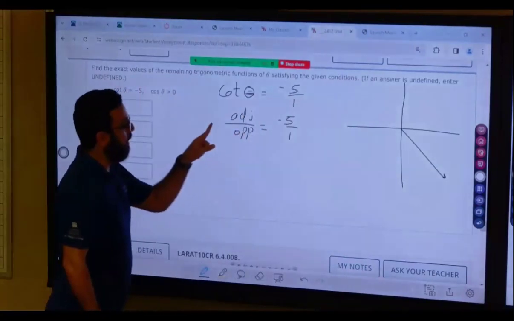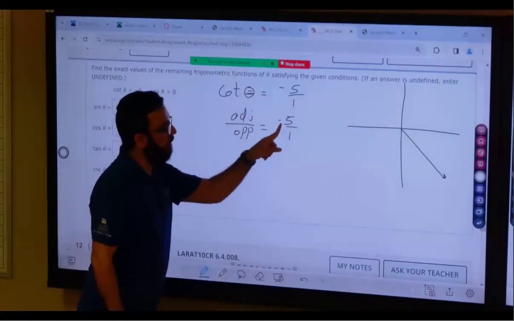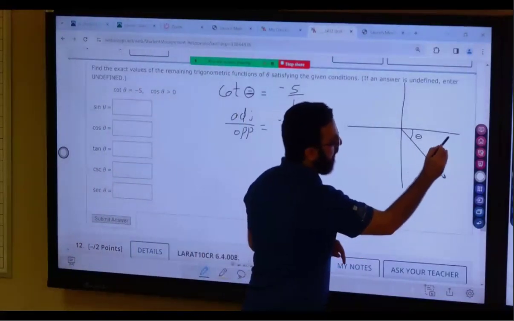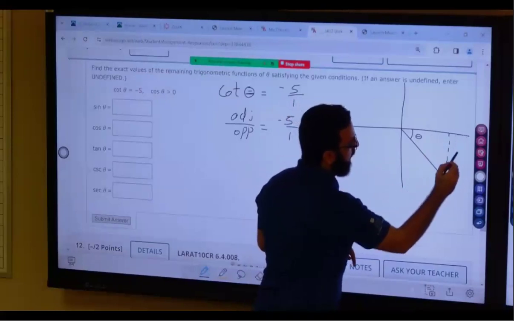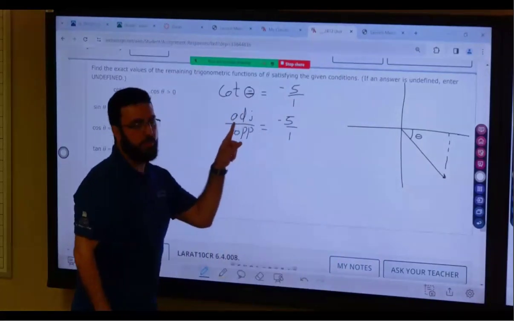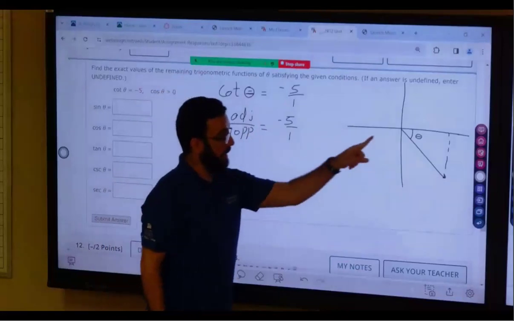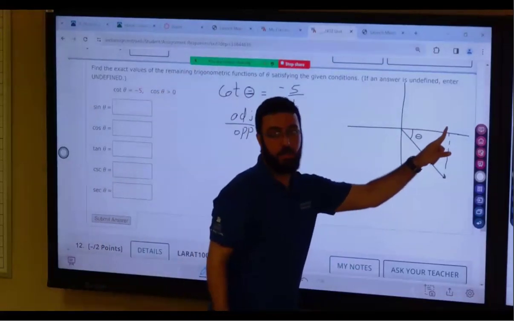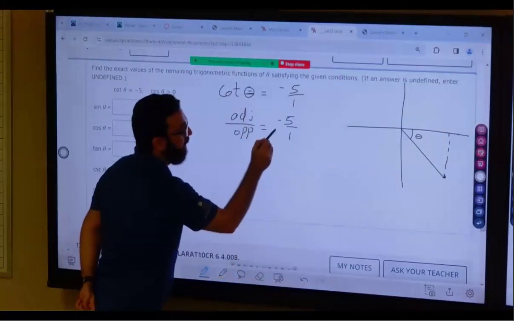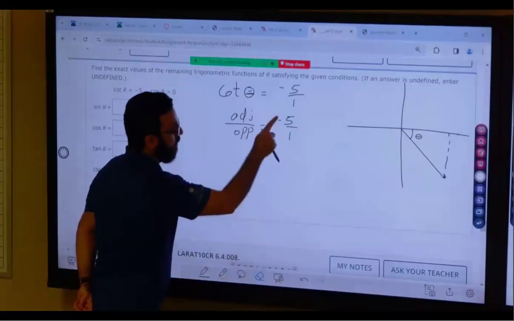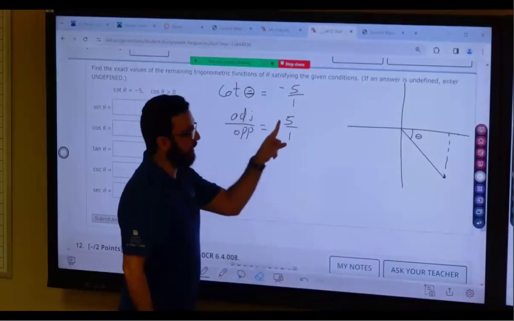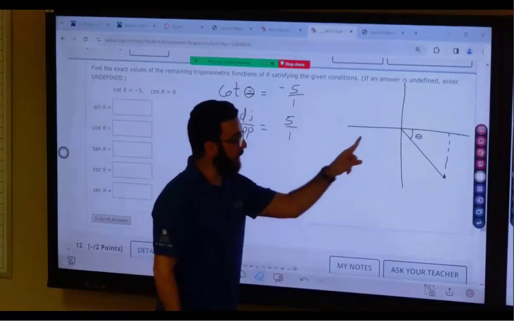Now, let's look. The adjacent is 5. So here is the angle, here is the theta, here is the y, and here is the x. Where is the adjacent for the angle? On the x, right?